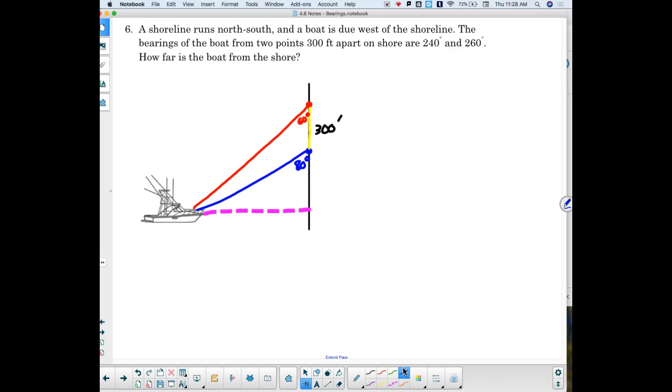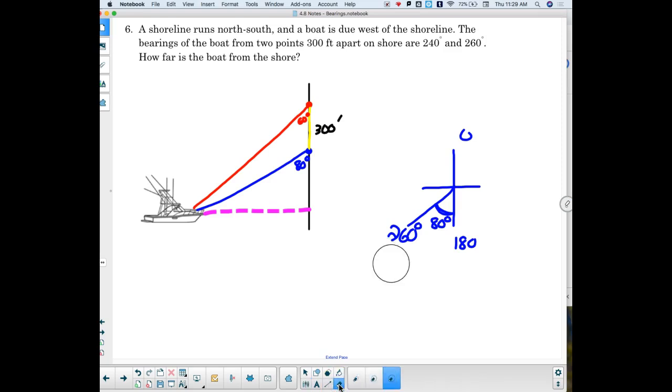Zero, 180. I got to get out here to 260 degrees. That means that this has to be 80 degrees in there, correct?